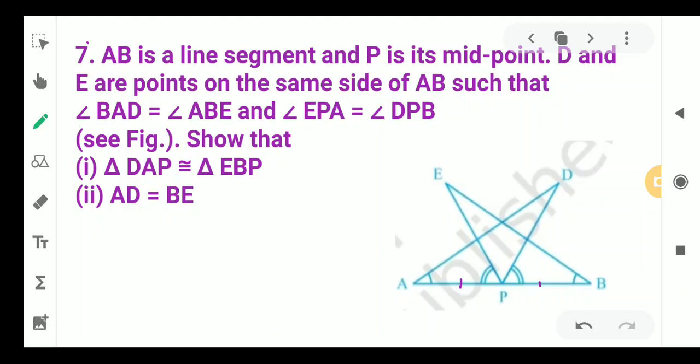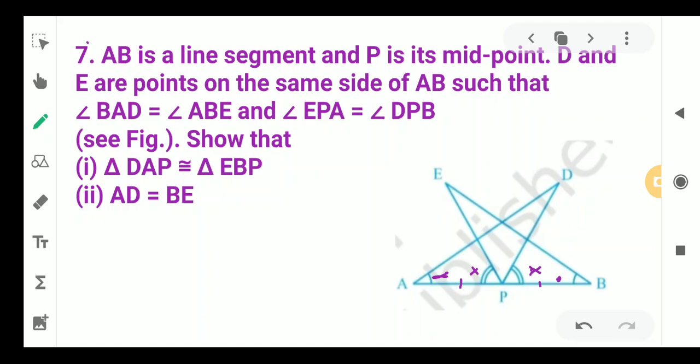And D and E are points on the same side of AB such that angle BAD equals angle ABE, these two angles are given equal, and angle EPA equals angle DPB, these two angles are given equal. Show that triangle DAP is congruent to triangle EBP. We have to prove this, and AD equals BE.